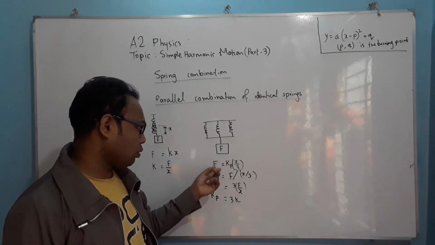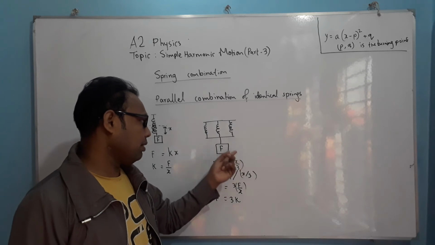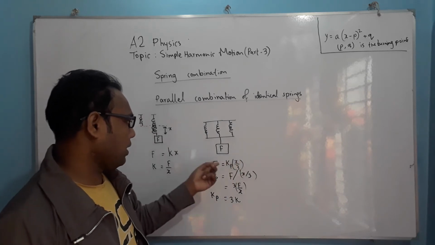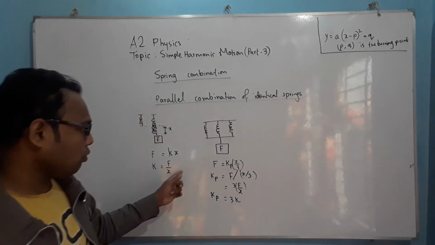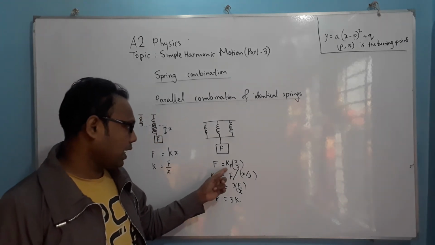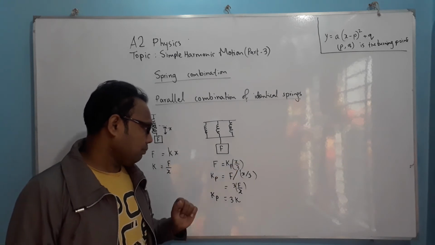So F is equal to Kp times the extension, and the extension of each spring is x over 3. So by Hooke's law, F is equal to Kp times x over 3.